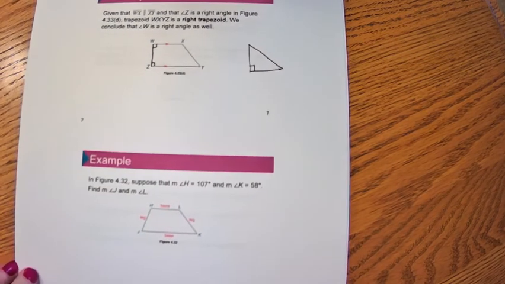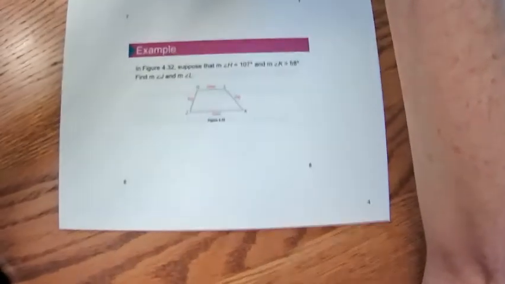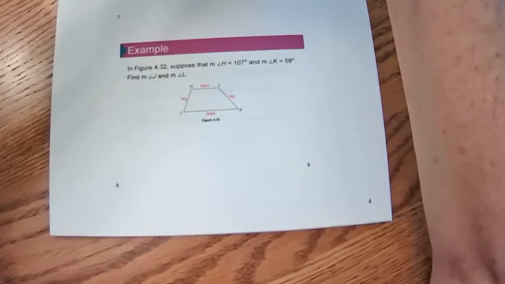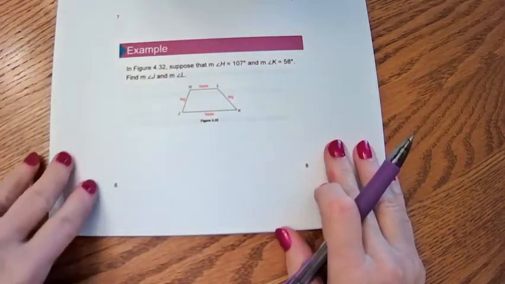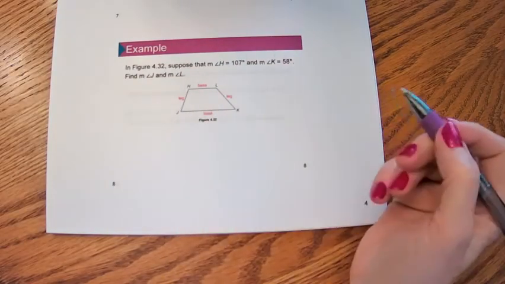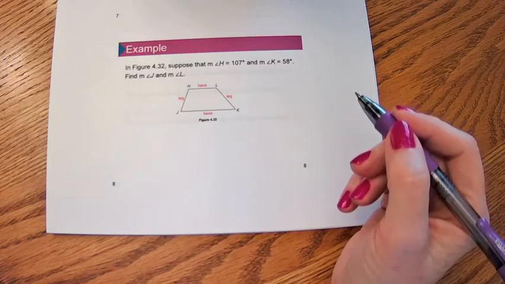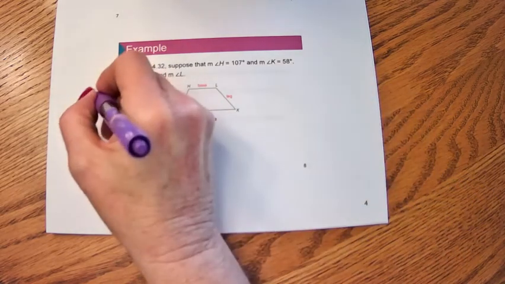All right, so let's see if we can find all of the angle measurements for this trapezoid, knowing what we know about quadrilaterals and parallel lines. So this is a four-sided object. So the sum of all of the angles is going to be 360.